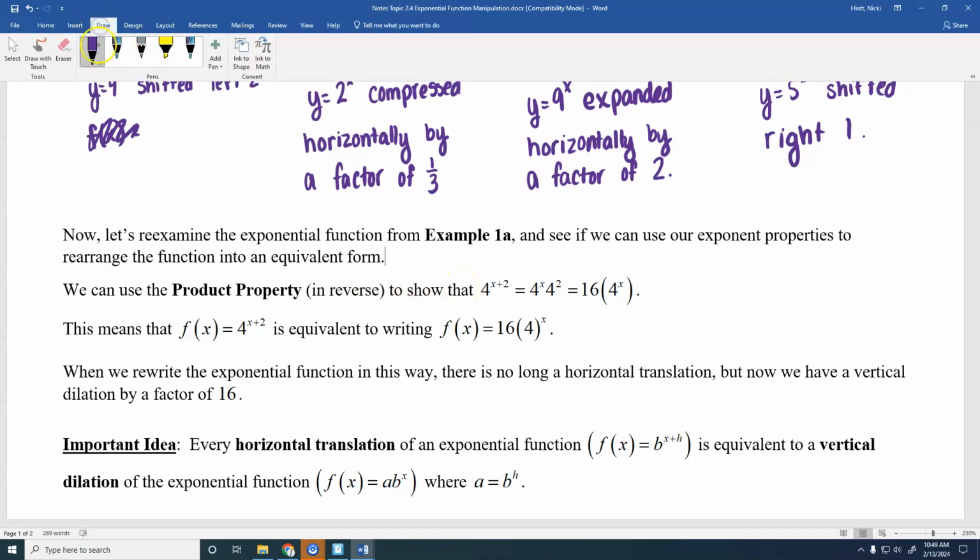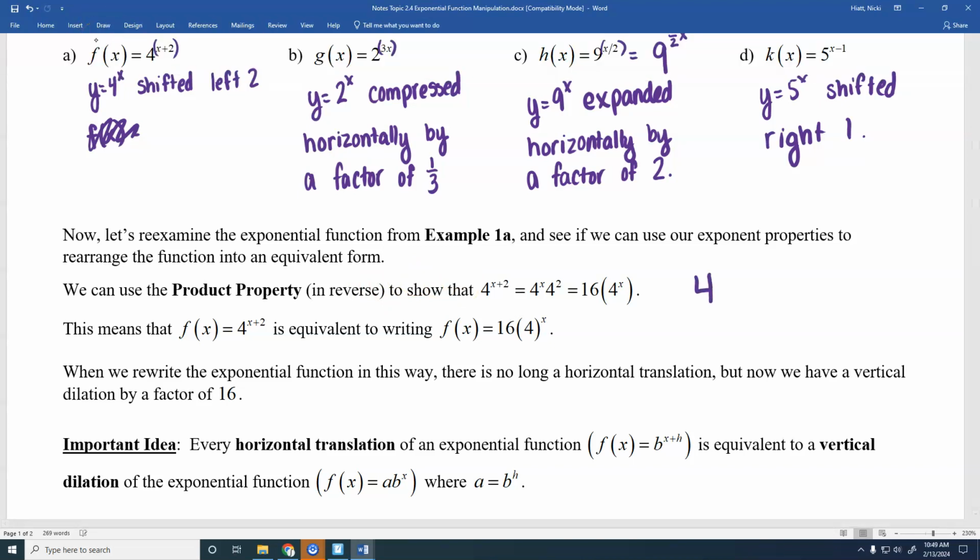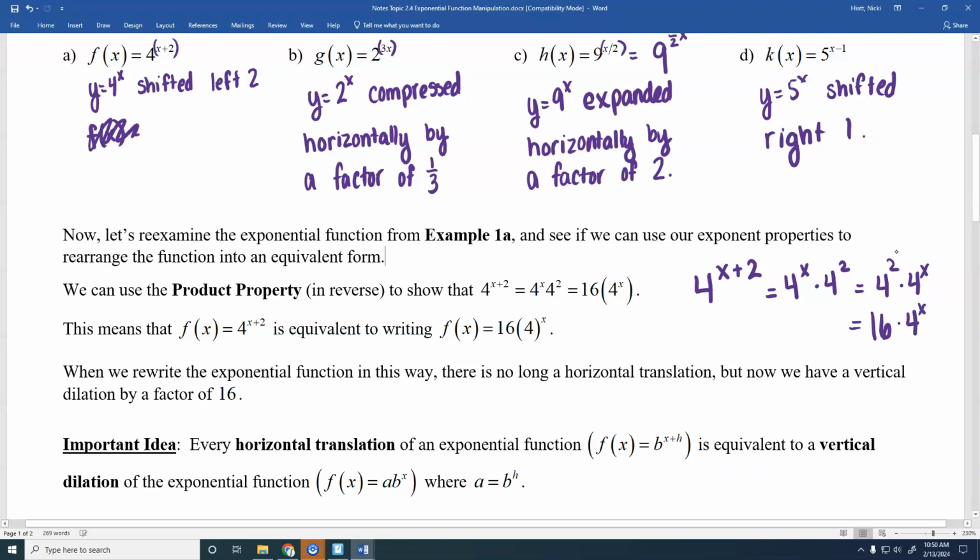If I have 4 to the x plus 2, that is equivalent to 4 to the x times 4 to the second, right? Because that product property tells me that if I'm multiplying two things with the same base, I would add their exponents together. Well, I could rewrite this. I could put that 4 squared first, and then my 4 to the x, and then I would get 16 times 4 to the x power.